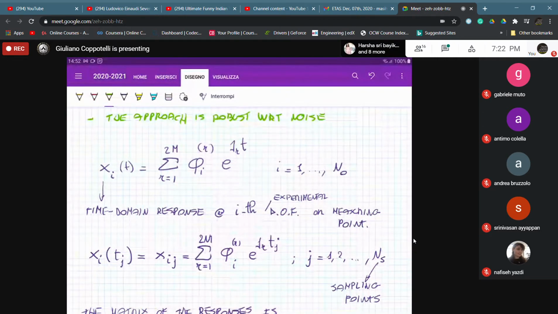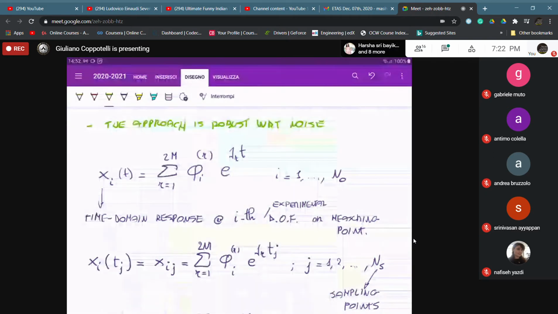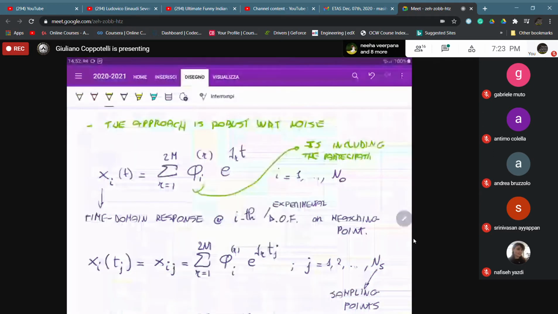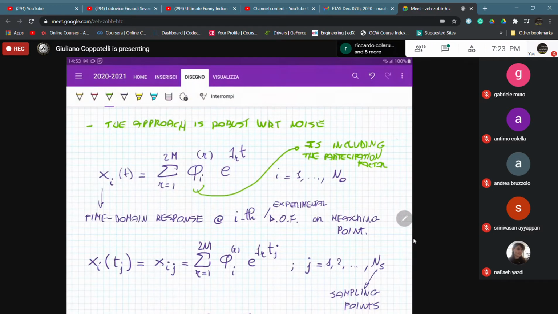So let me add: your phi is including the participation factor, so the scaling factor and whatever. Okay, so we start from that.